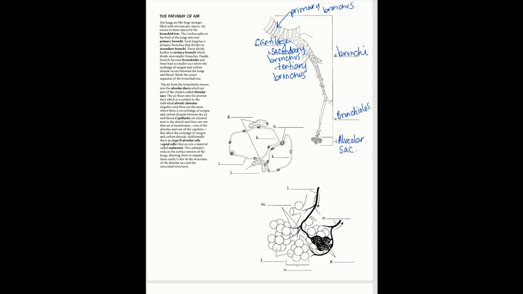Okay. And so for the last bit of our respiratory diagrams, we're just going to talk about these alveolar sacs. When we're looking at G, this is showing our capillaries. We also have what are called alveolar cells, or septal cells. I tend to say septal cells, so that's what I'm going to label it as.